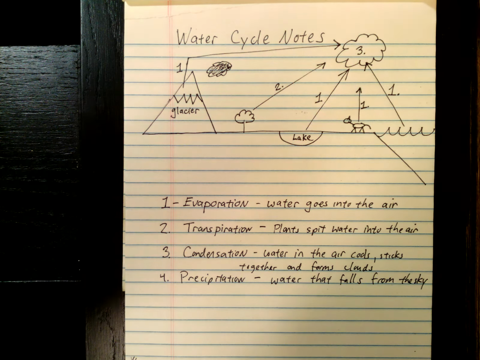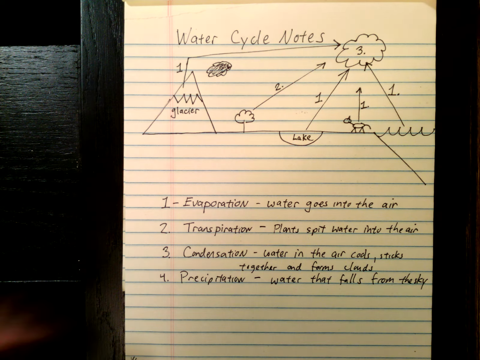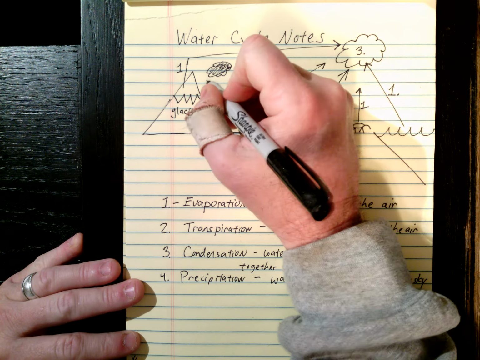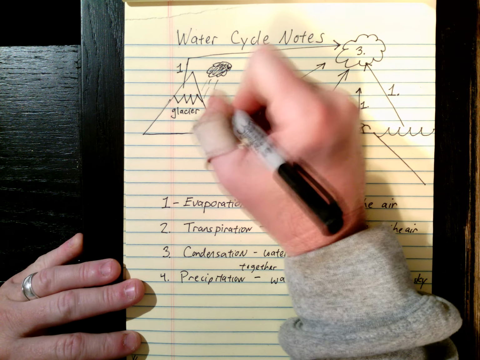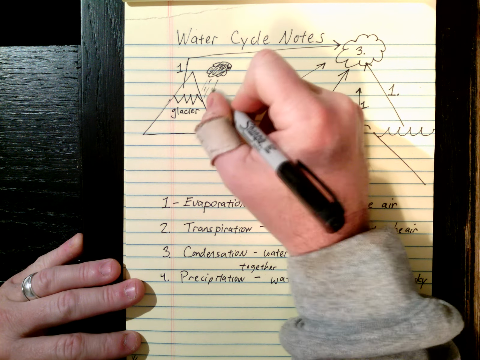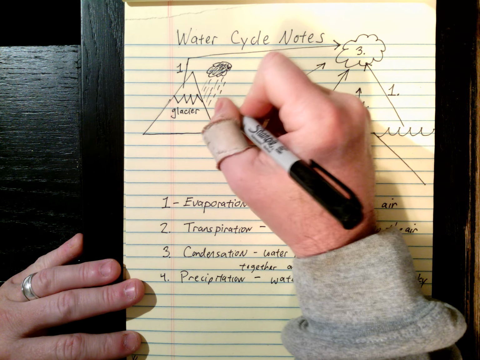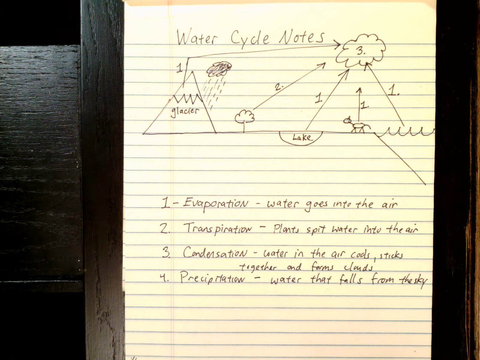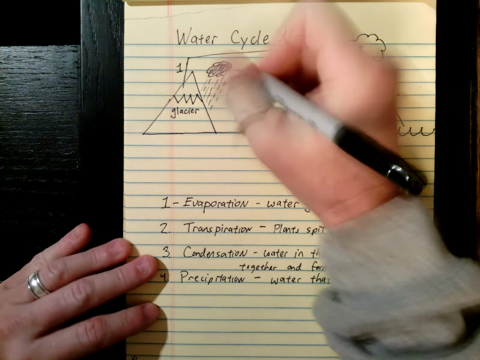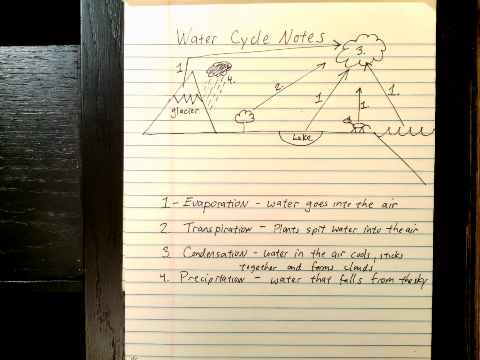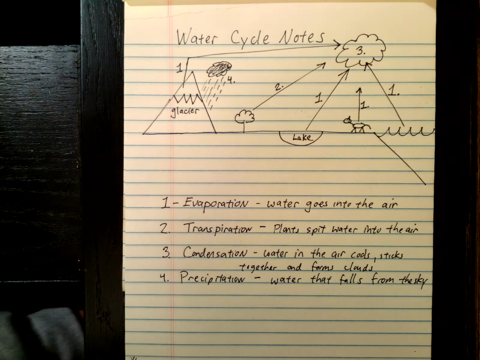It's a cloud that is full of water now. Now it's going to start to drop it. If you want to draw little raindrops, some of you that are much better artists than me, please feel free to embellish this. But there, I've got a cloud that is dropping water. That is precipitation.